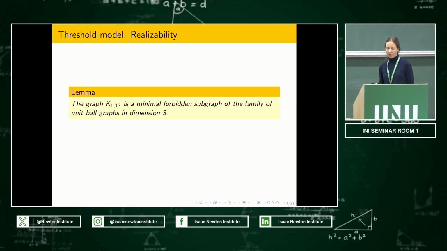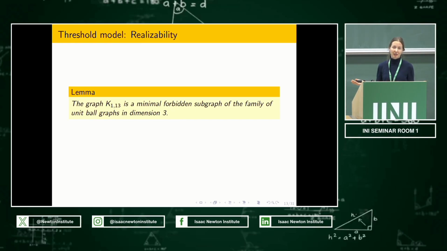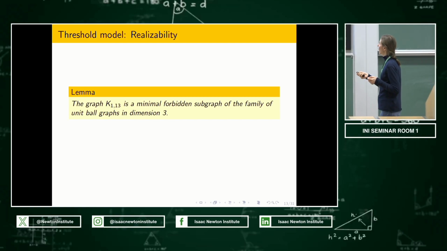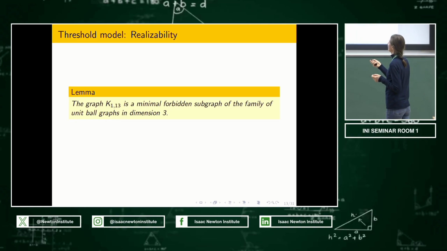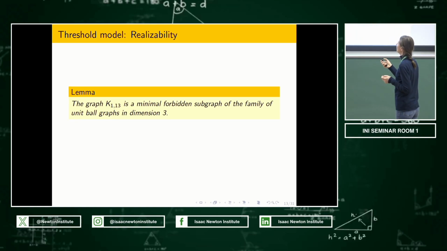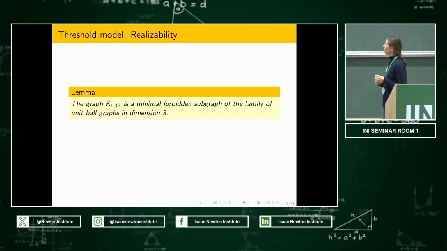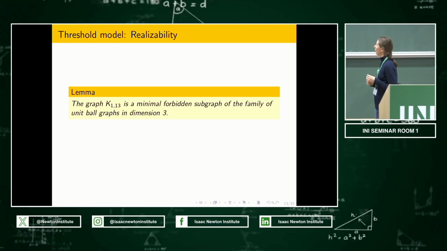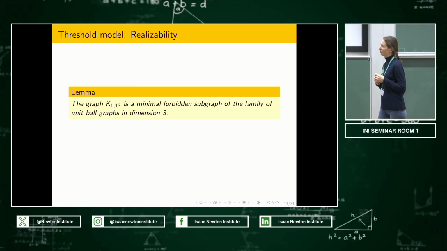Then already in dimension 3, which is the dimension we are interested in, we didn't find anything in the literature, so a small lemma is that the complete bipartite graph K_{1,1,3} is a minimal forbidden subgraph of the family of unit ball graphs in dimension 3.